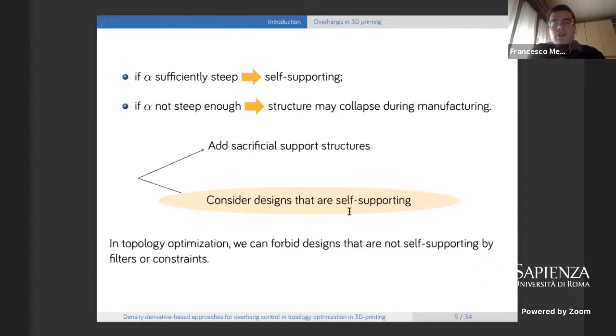At the end of the talk, we will also mention some implications on the first possibility, which is the computation of support structures. And we will briefly discuss how these density-based approaches can be useful also to compute optimized support structures.